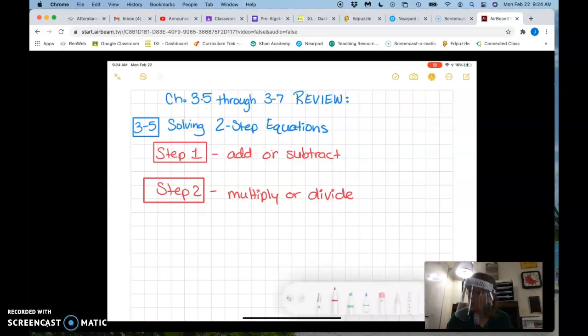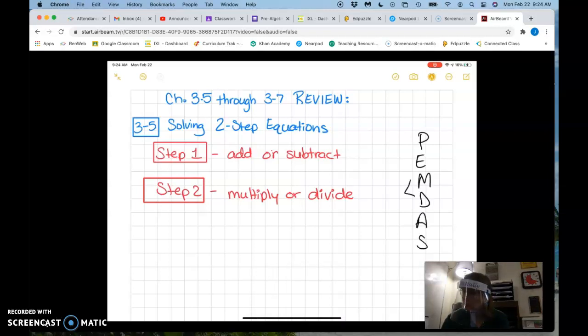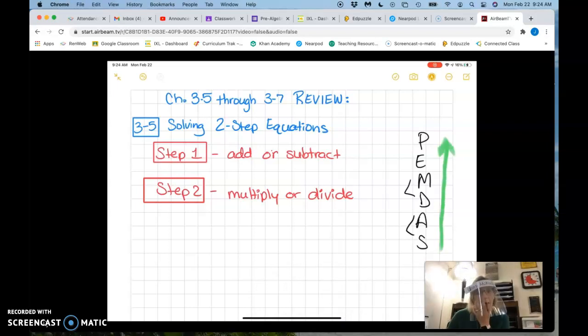So when we solve equations, what we're doing is the order of operations, but in reverse. Okay? And you can see that if I'm doing this in reverse, that means I'm starting at the bottom and going up. I would start with addition or subtraction. That's why our step one is addition or subtraction.